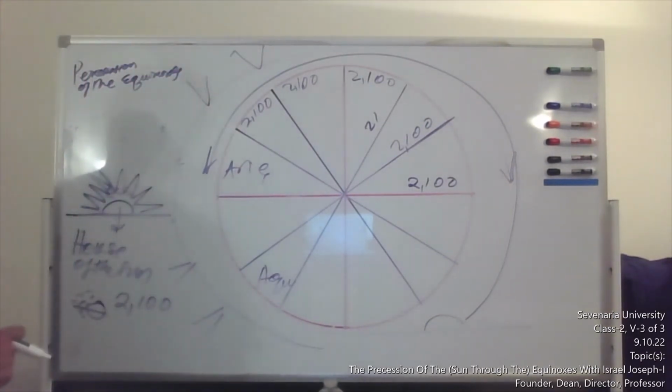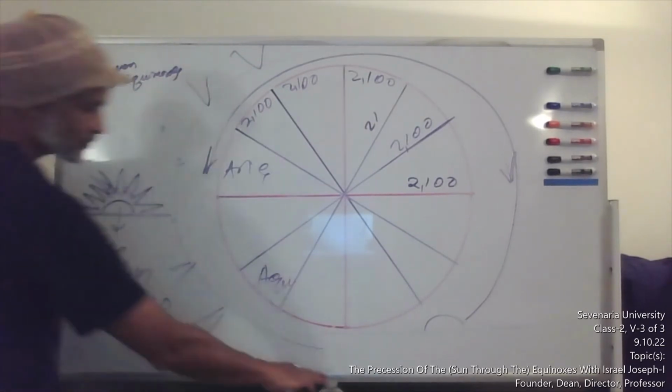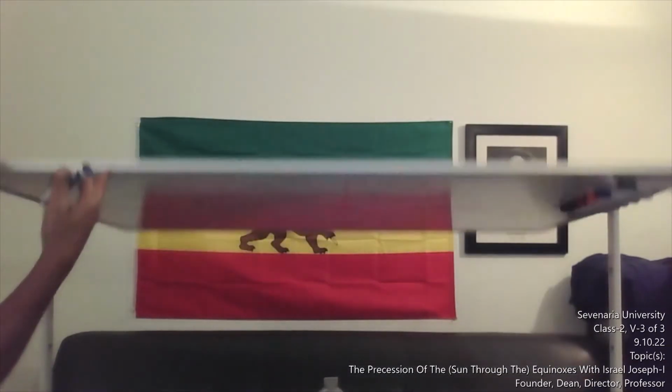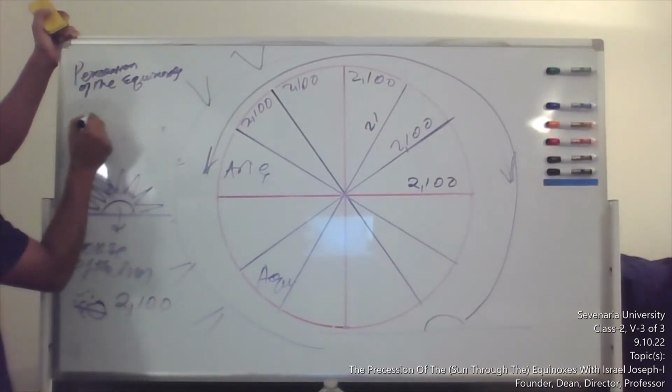They know this by looking at the position of the sun in relation to the constellation.